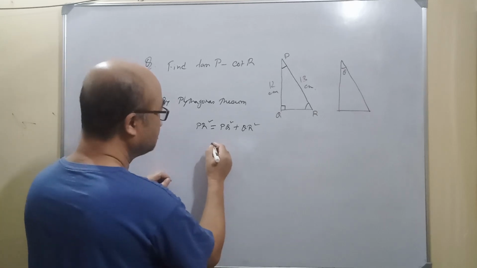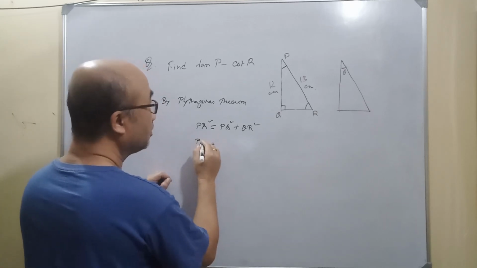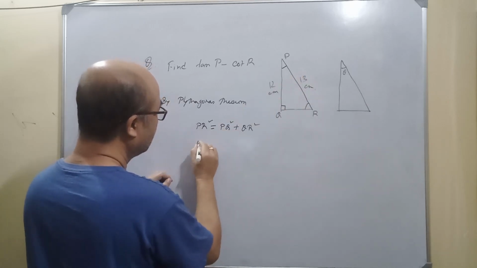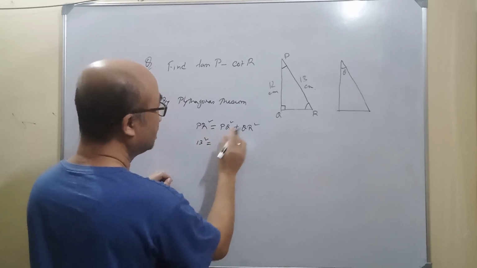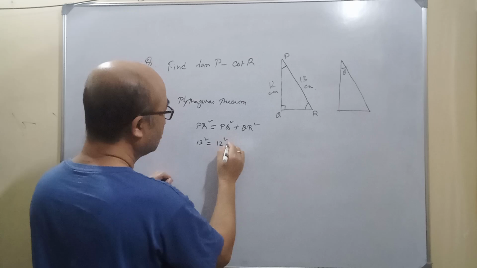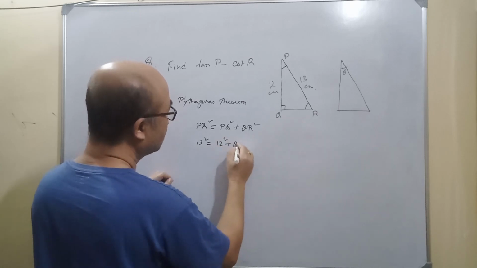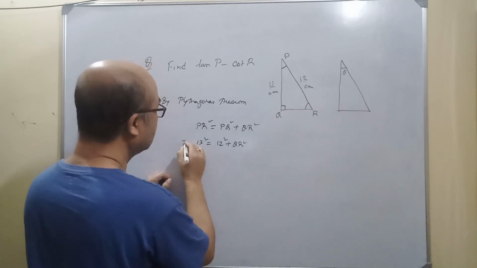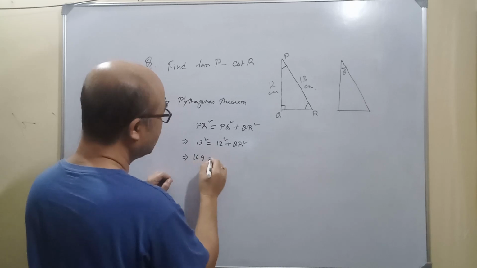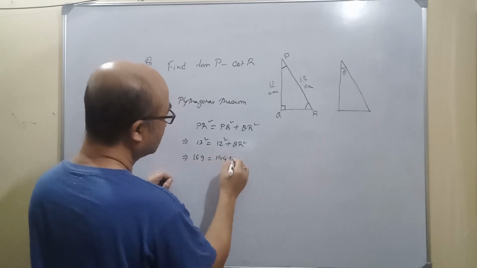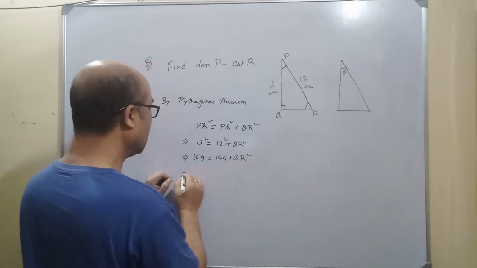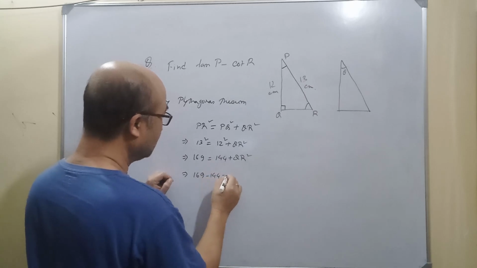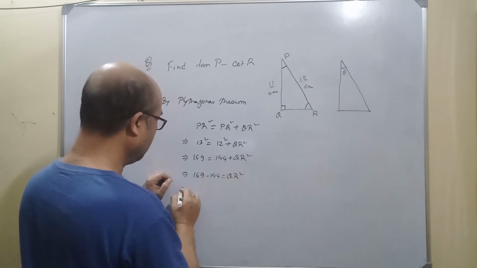PR is already given, it is 13. PQ is 12. What is QR? It is not given; we don't know this yet. So we have 169 equal to 144 plus QR square. 169 minus 144 is equal to QR square.